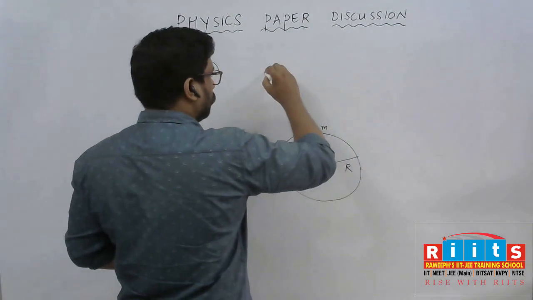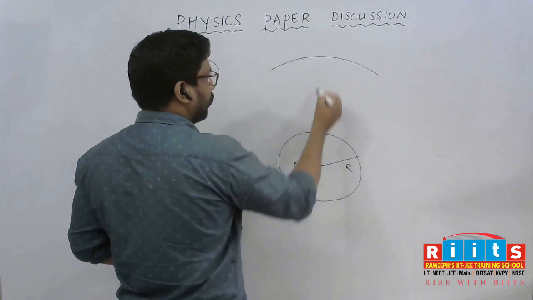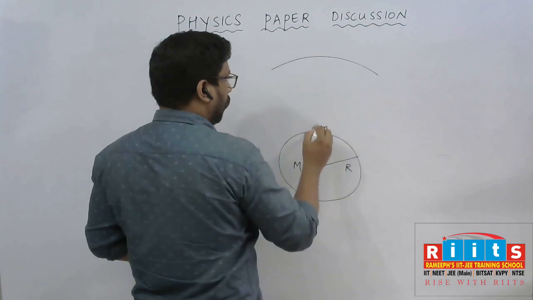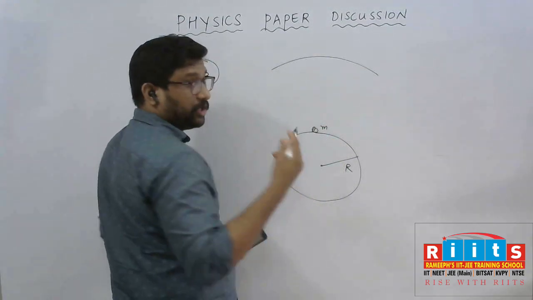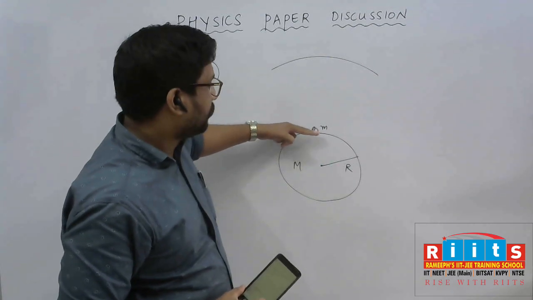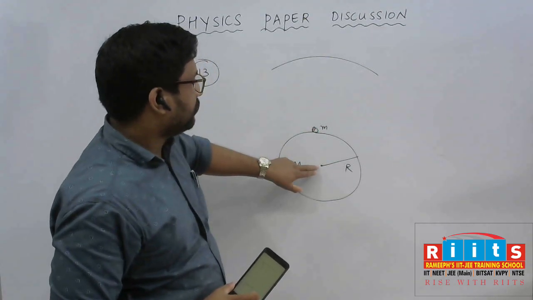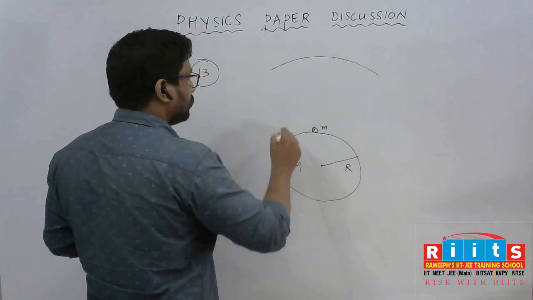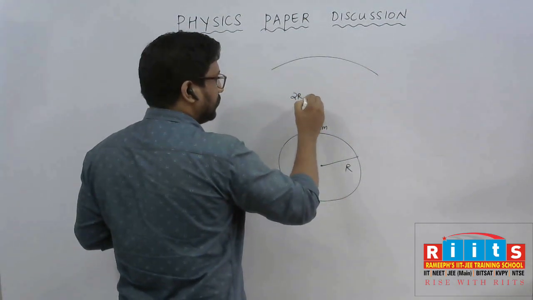You have to launch this satellite in an orbit. The orbit has an altitude. Altitude, remember, you have to measure all the time from the surface. You shouldn't measure it from the center of Earth. So altitude is 2r. The height is 2r.